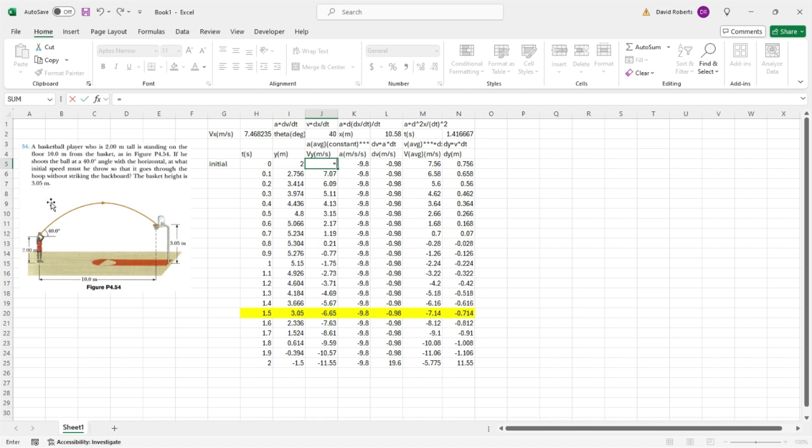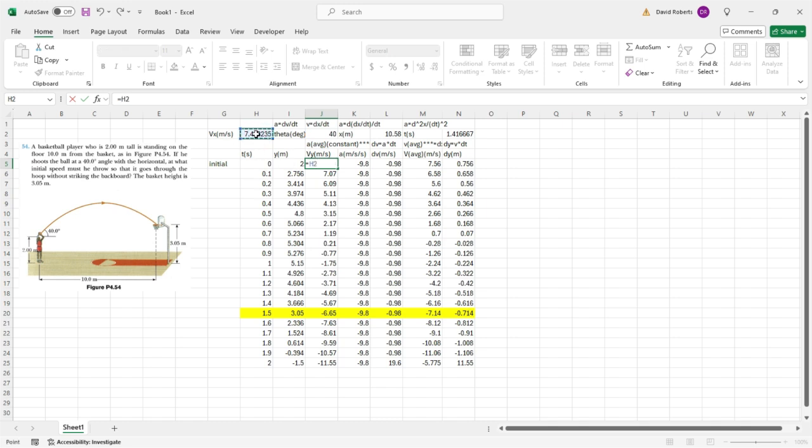Can we rattle it off without looking in our papers? Because if we knew Vx and Vy, it's a relationship with the tangent: tangent of 40 is Vy divided by Vx. So it's Vx times tangent 40. So it's going to be this Vx.